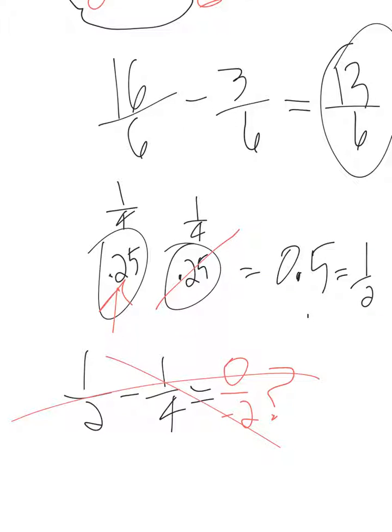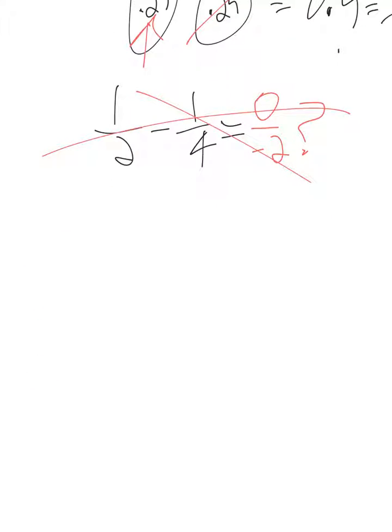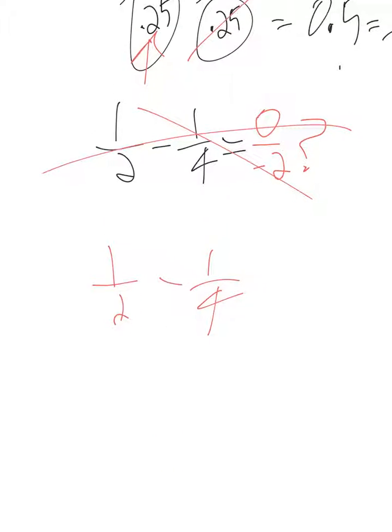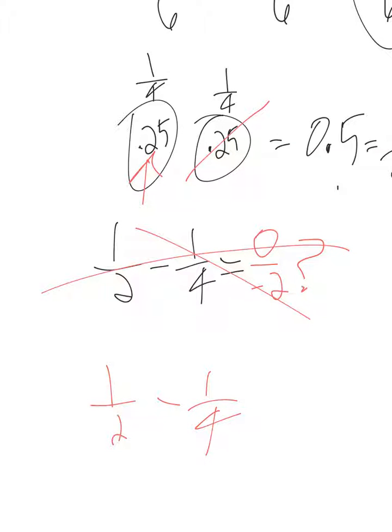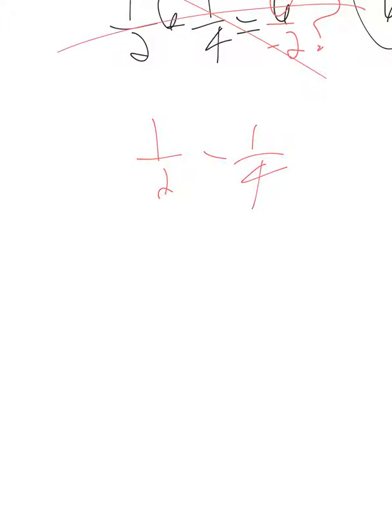So if you just looked at it like this, 1/2 minus 1/4, and then you change it to a common denominator, well, 1/2 is 2/4. So instead of writing 1/2 minus 1/4, I'm going to write 2/4 minus 1/4.